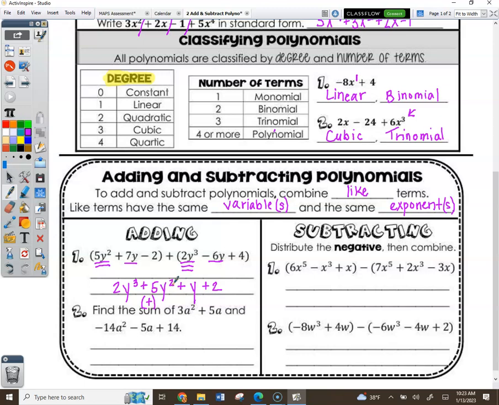You're adding 3a squared plus 5a to negative 14a squared minus 5a plus 14. After you add it, I want you to get it in standard form.